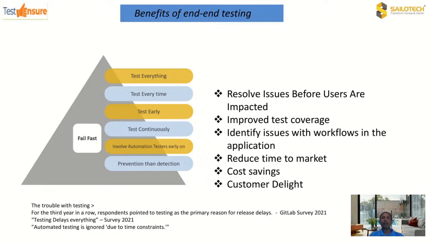The coverage improves a whole lot when you are testing end to end, because it usually touches most of the modules, or many modules in the application, and end-to-end is not necessarily testing one application. It can involve testing multiple applications.